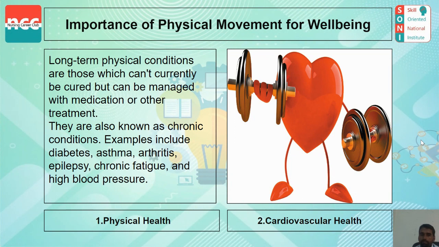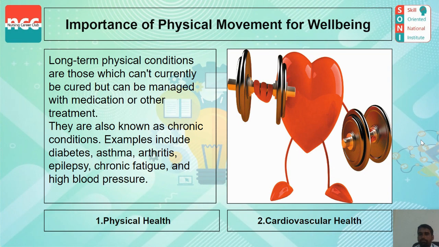And there are many chronic conditions, which include diabetes, asthma, arthritis, epilepsy, chronic fatigue, and high blood pressure. And our blood pressure should be reduced with the help of medicines and by exercising in the morning and in the evening.